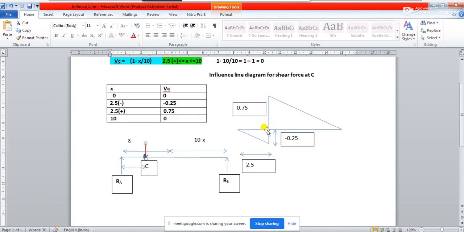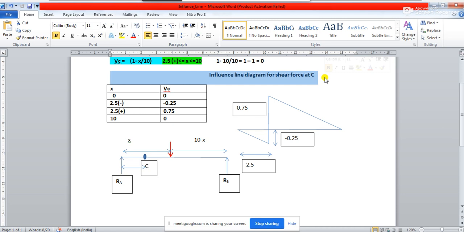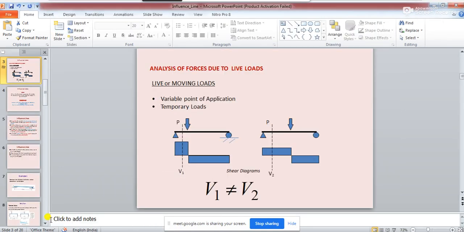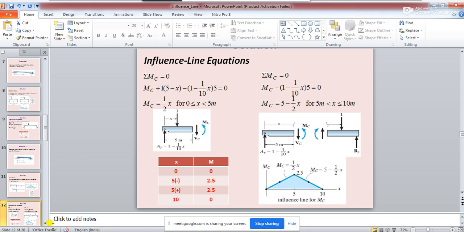And for a particular point C, because of the movement of this load, at different positions of this load, the shear force at C will be varying in this fashion, which will be explained using the influence line diagram for shear force at C. Let us go to the slide after this explanation and see what happens to the shear force.